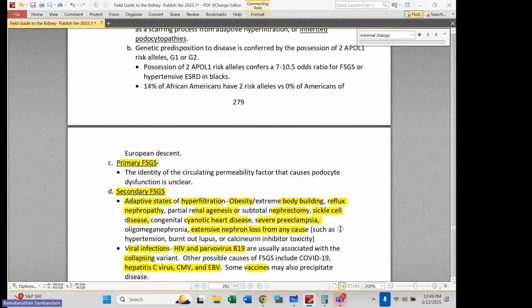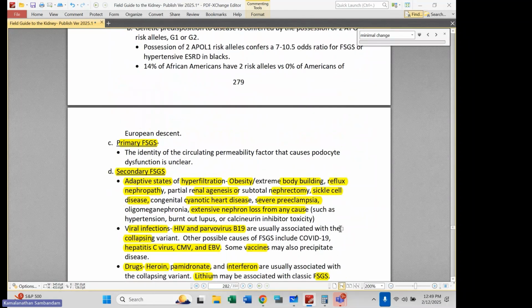Okay, so primary FSGS, on the other hand, refers to this FSGS that has some as yet unidentified permeability factor that's circulating in the individual, such that if you give me a new kidney as a kidney transplant, I might even start developing proteinuria in that new kidney.